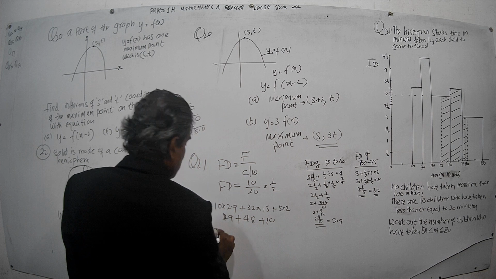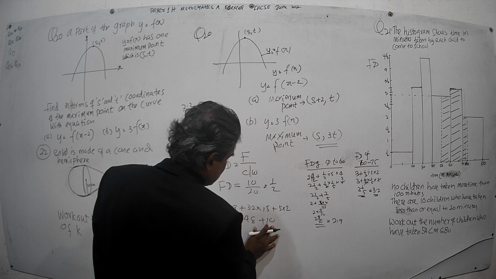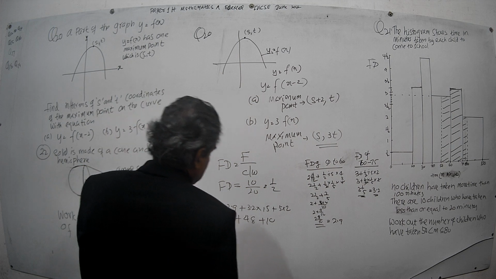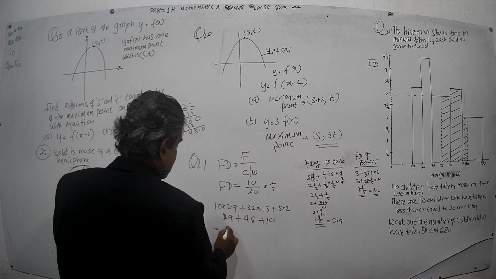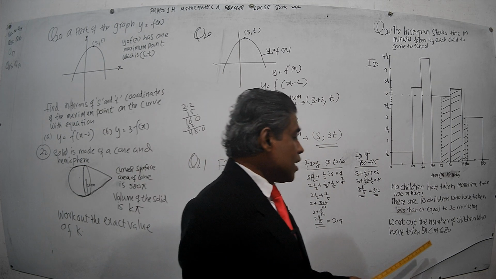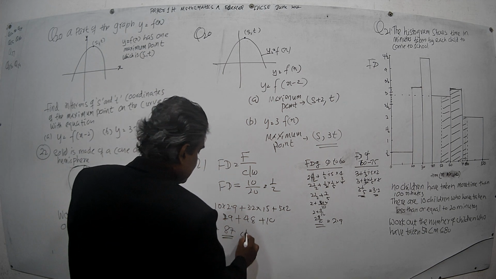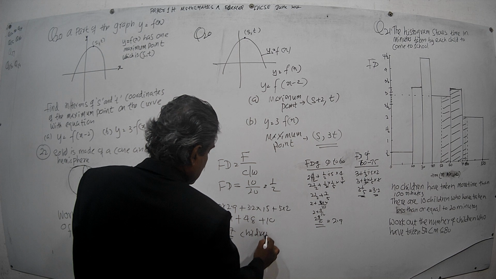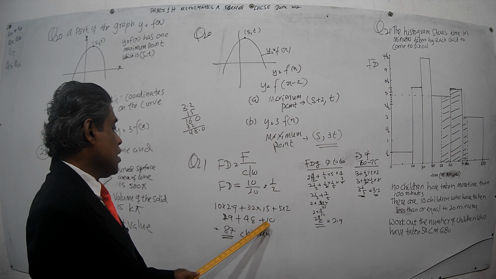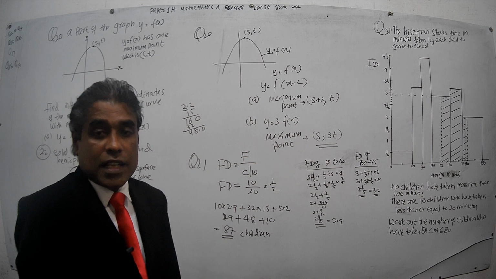Then all together, if you add, how much? 29, 48, 10, that is 87. There are 87 children who have taken between 50 to 80 time. 87 children. Okay, right. That is that.